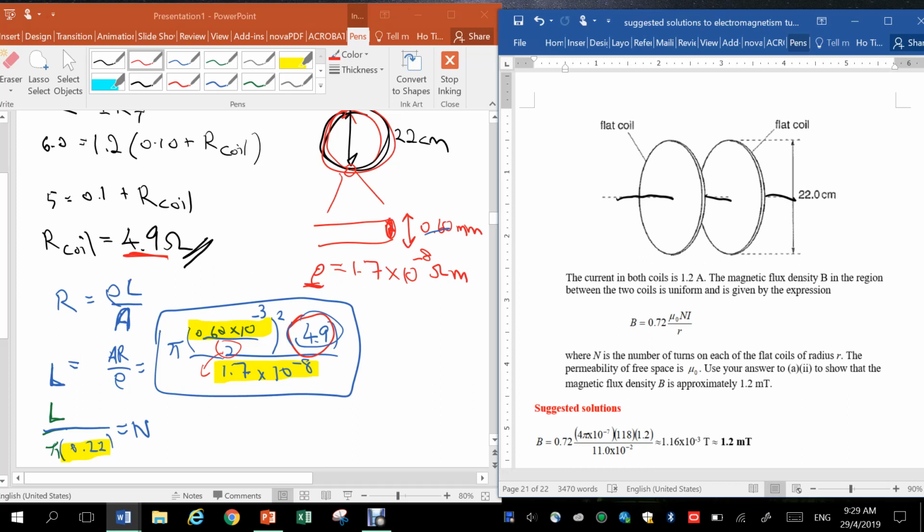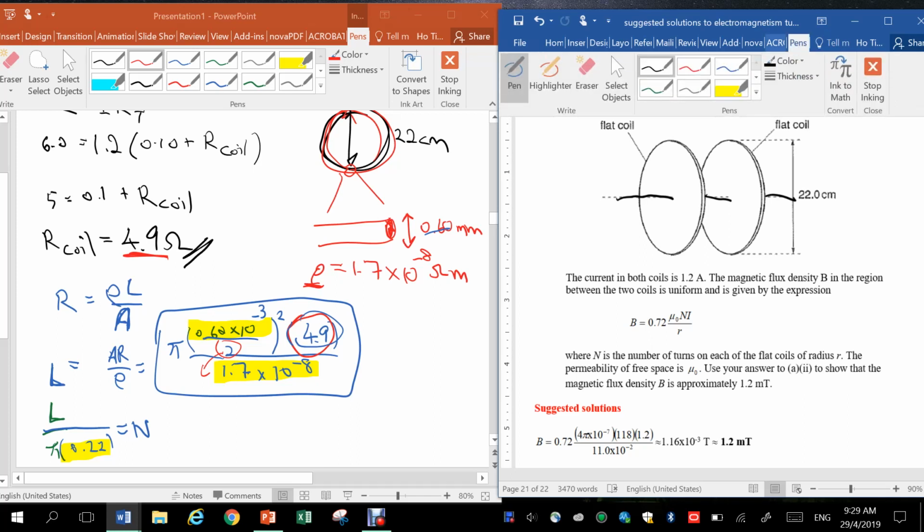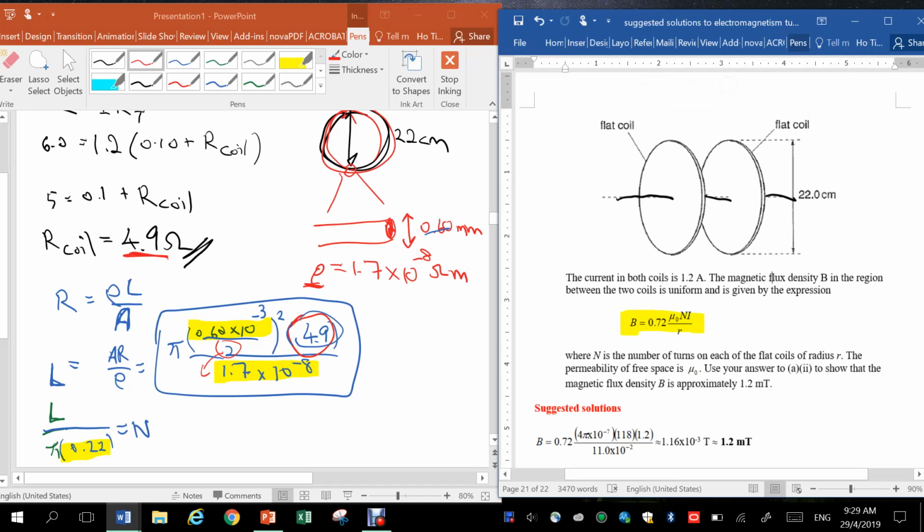So the current in both coils is 1.2 amperes as before. The magnetic flux density B in the region is given by this value. Yeah, we can actually calculate this if we want to, but since they have already given it to us, we'll just take it as it is. Where n is the number of turns for each coil, so we already calculated n to be 118 over here.